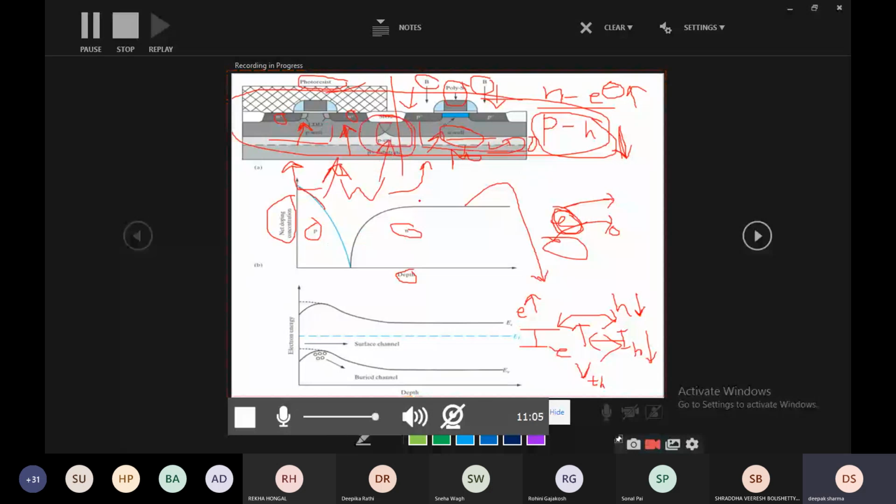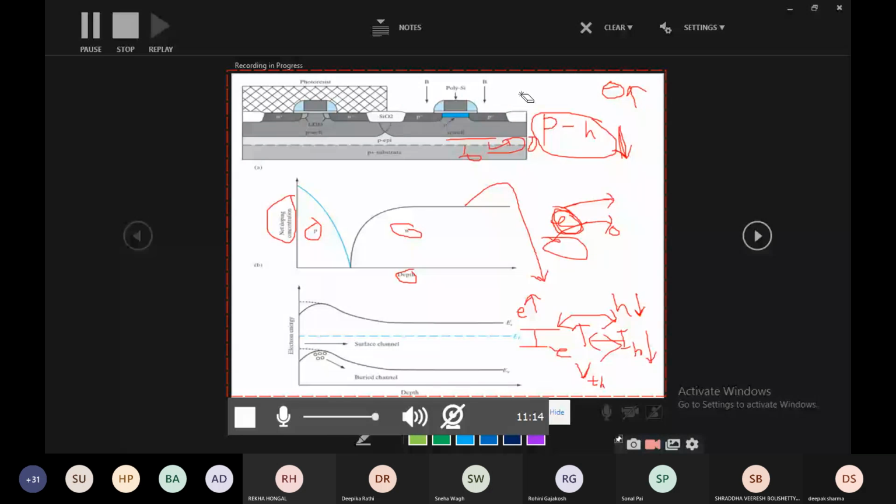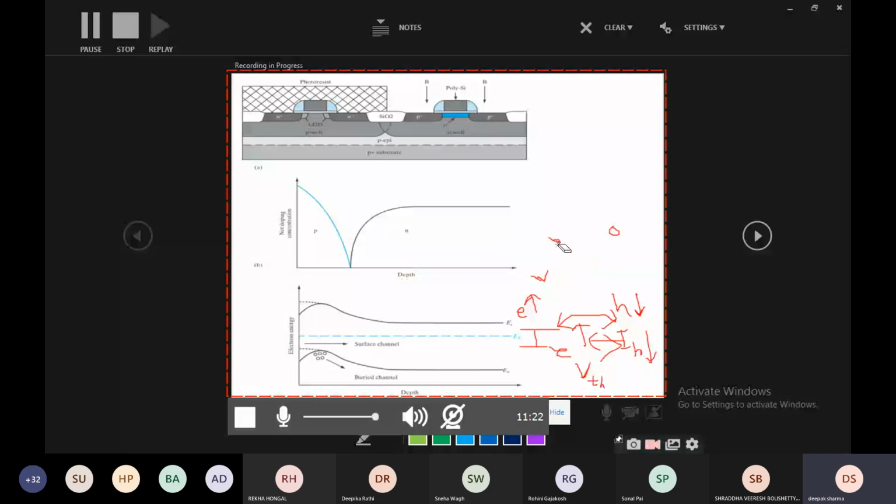Let me clear the screen. Okay, so how does this net doping concentration change with the depth, right?